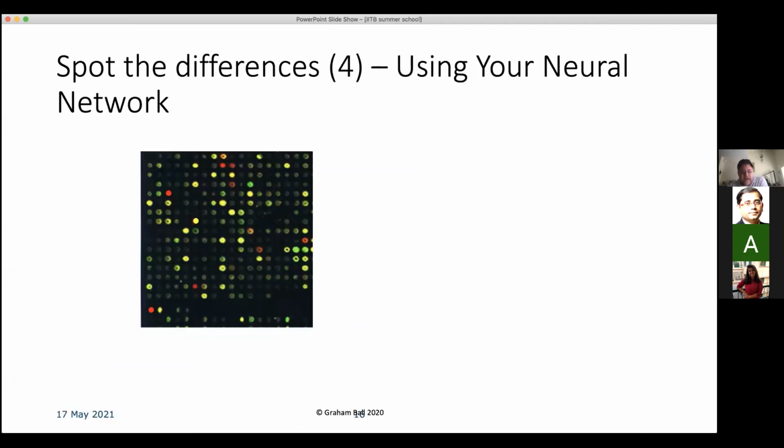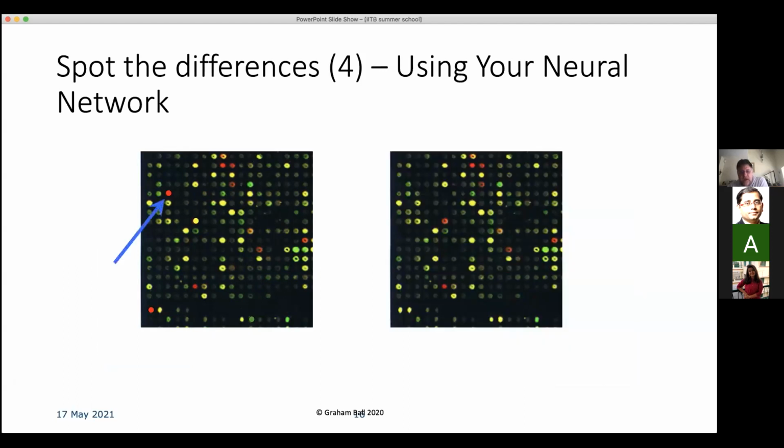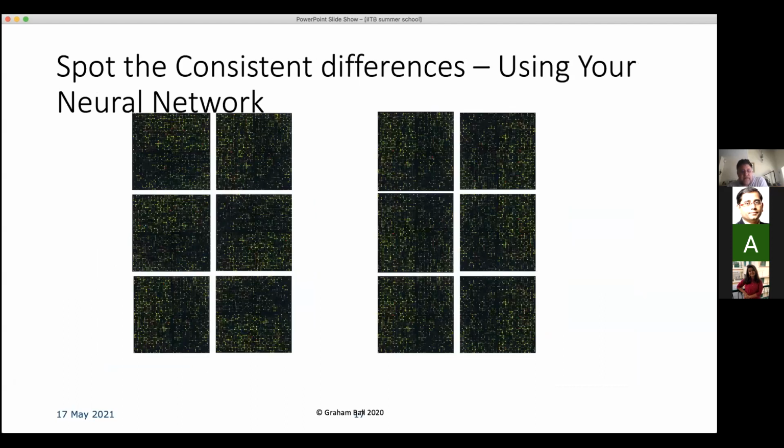Then we're starting to get to something a little bit more like what happens in an expression array or a very complex biological data set. And we start to see that some differences are there. You could probably spot those. And then this is what really happens. We can have potentially hundreds of individuals in group A, hundreds of individuals in group B, and 20,000 pieces of information for each of those groups, each individual in each of those groups.